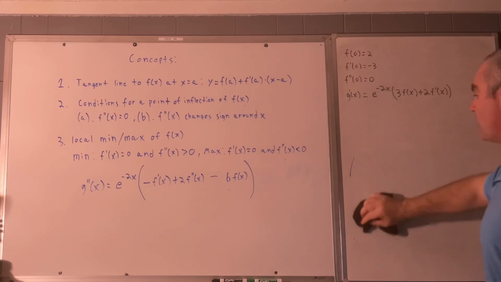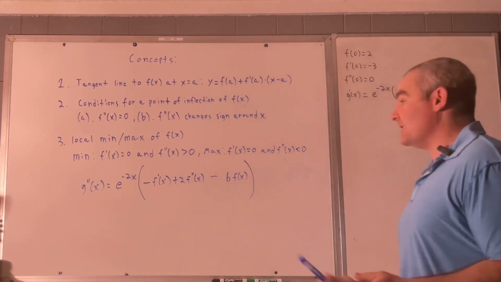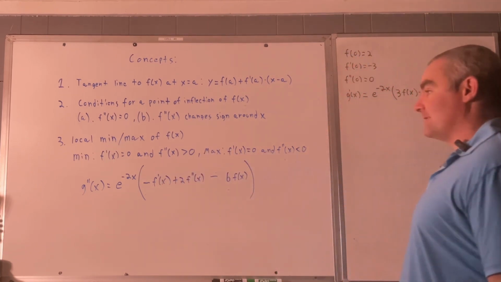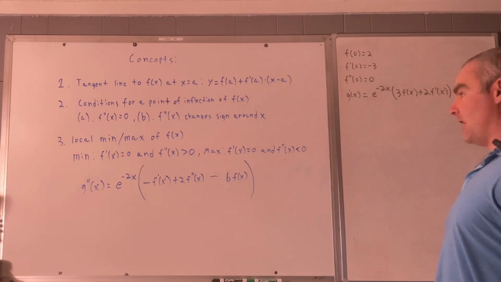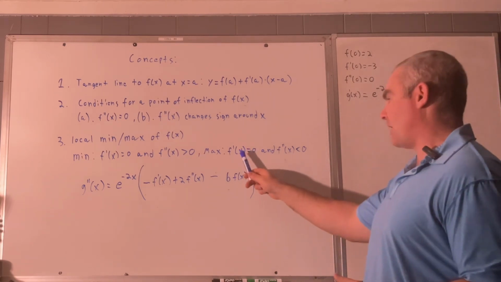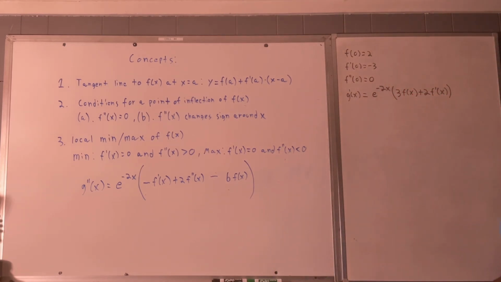But you don't need to know why it's true. For taking the test, you just need to know that it is true. These are the conditions. A minimum occurs when f prime of x is equal to 0 and f double prime is greater than 0. And a max occurs when f prime is equal to 0 and f double prime is less than 0. So, back to the question, does g have a local maximum?